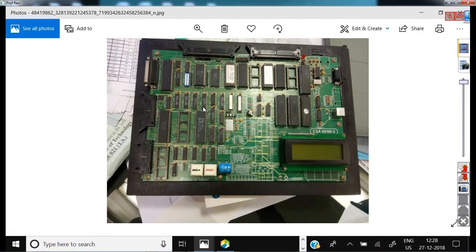Anyhow, this is a printed circuit board, so you may not be able to identify everything, but at least try to see what is there on the board. So this is minimum mode of operation, and we have seen the memory read cycle, machine cycle and instruction cycle.